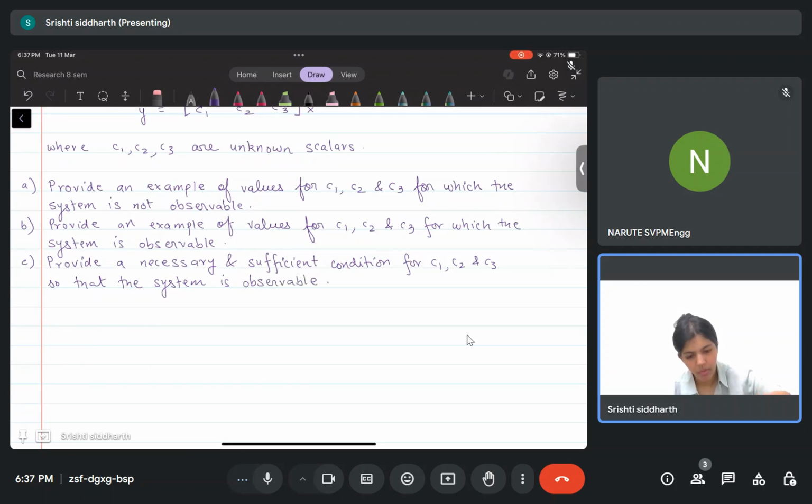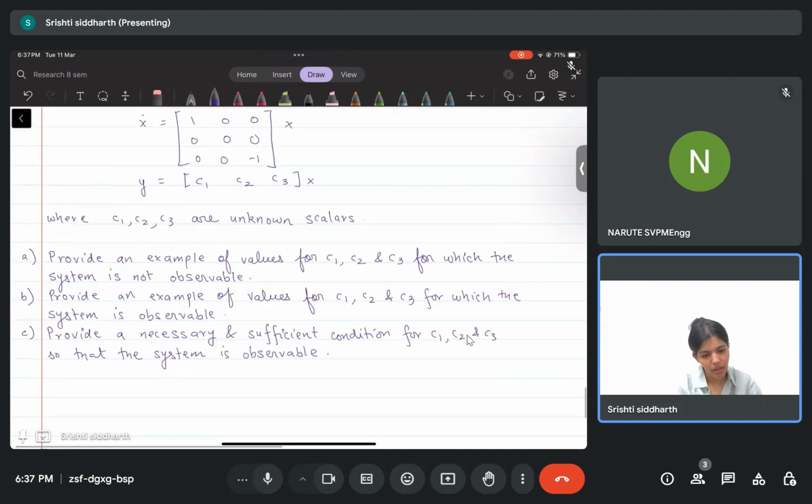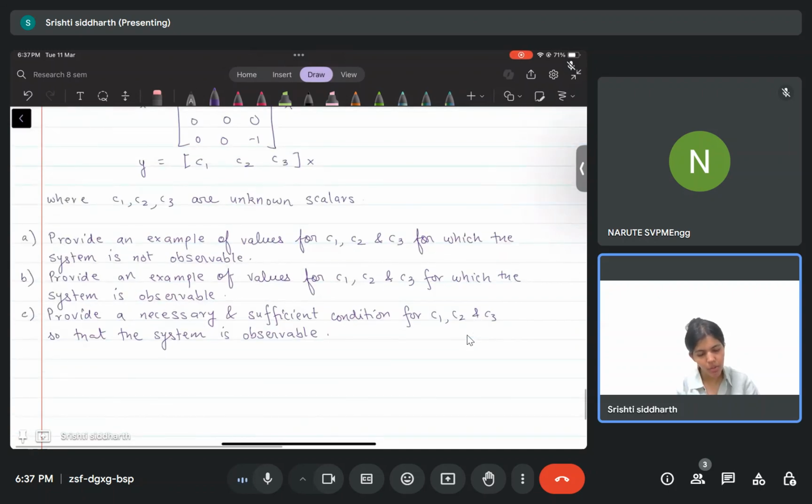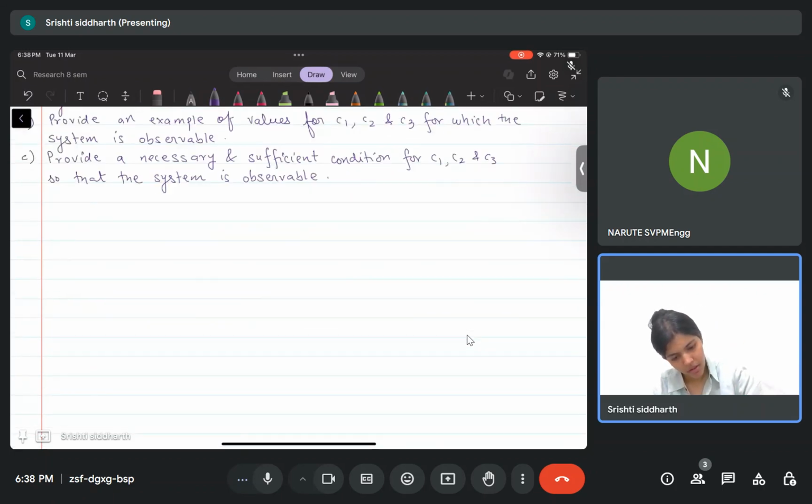Alright, so determine the values of C1, C2, C3 by the observability matrix test. So let's begin. Given the third order system, the observability matrix is going to be C, CA, CA squared.